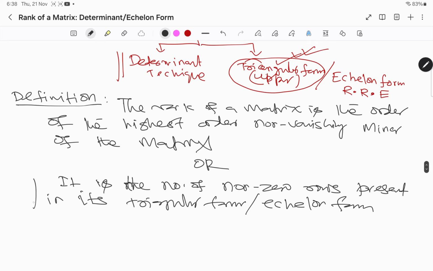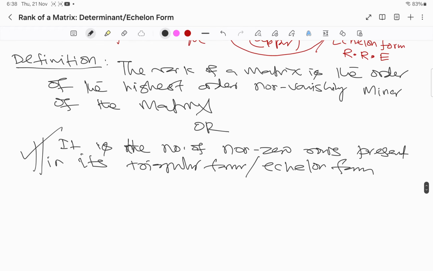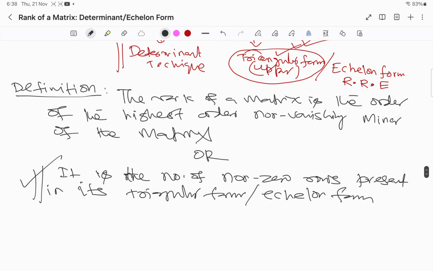Bringing it to triangular form I have told you while I taught solving by the Gauss elimination technique, okay. Now coming to this definition, the rank of a matrix is the order of the highest order non-vanishing minor of the matrix.